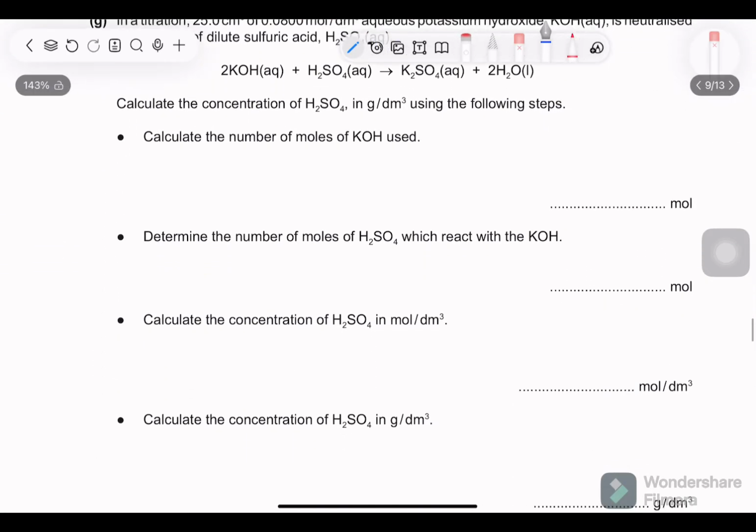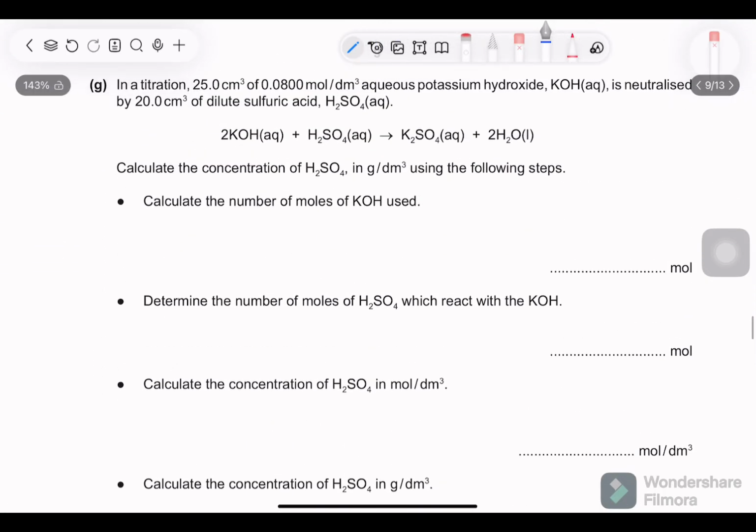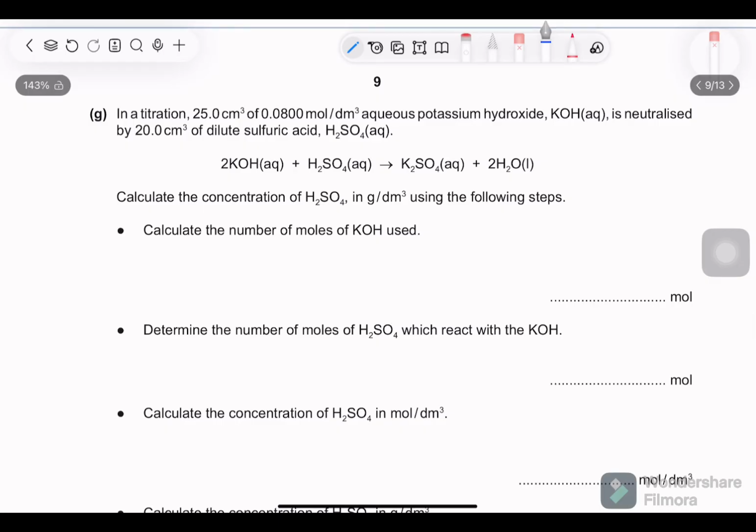Next, this is a moles, titration-style question. In a titration, 25 cm cube, which should be 0.025 dm cube, of 0.080 mole per dm cube aqueous potassium hydroxide is neutralized by 20 cm cube, which is 0.02 dm cube, of dilute sulfuric acid.